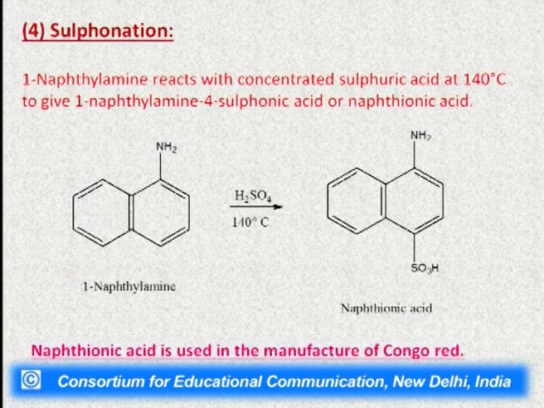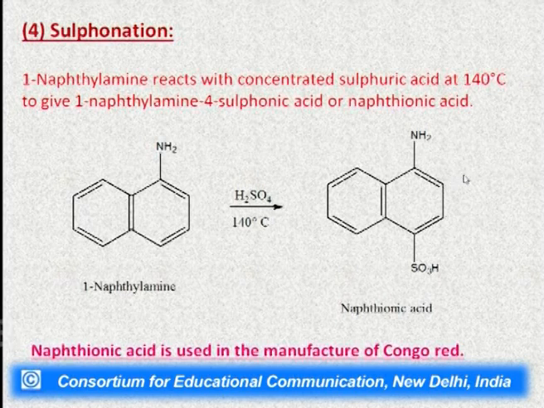Now comes the sulphonation. 1-naphthylamine on reaction with concentrated sulfuric acid at 140 degrees centigrade will give us naphthionic acid. In this, sulphonation will again take place at the para position, since the amino group is ortho-para directing.